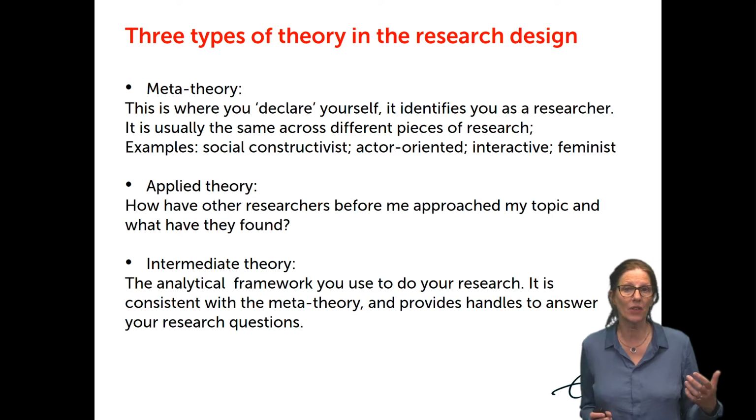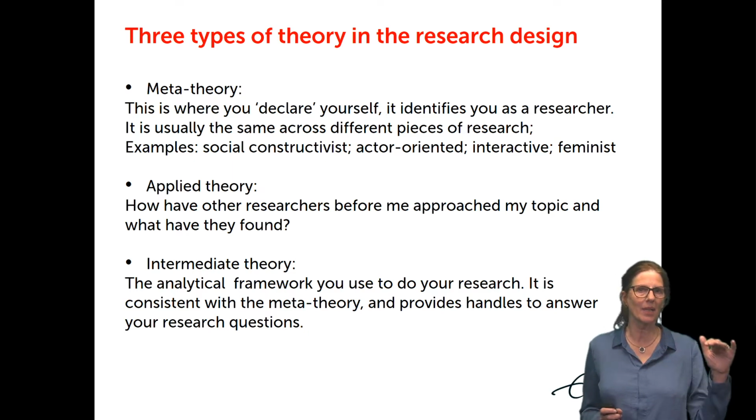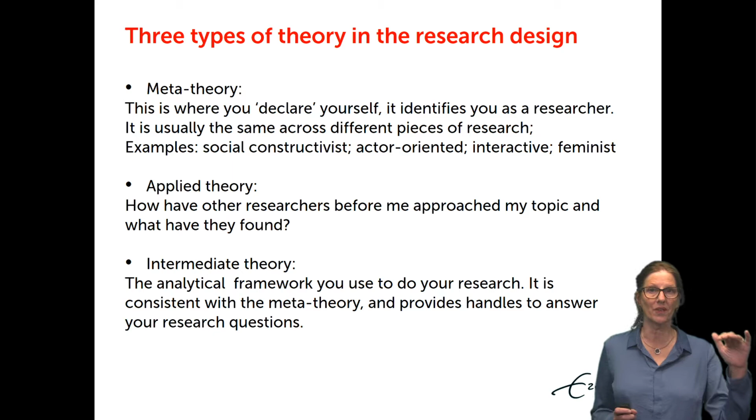There are 3 types of theory that you use in your research design and your research. First, there's meta theory. The meta theory is something where you declare yourself. It identifies you as a researcher, and it's usually the same across different pieces of research.